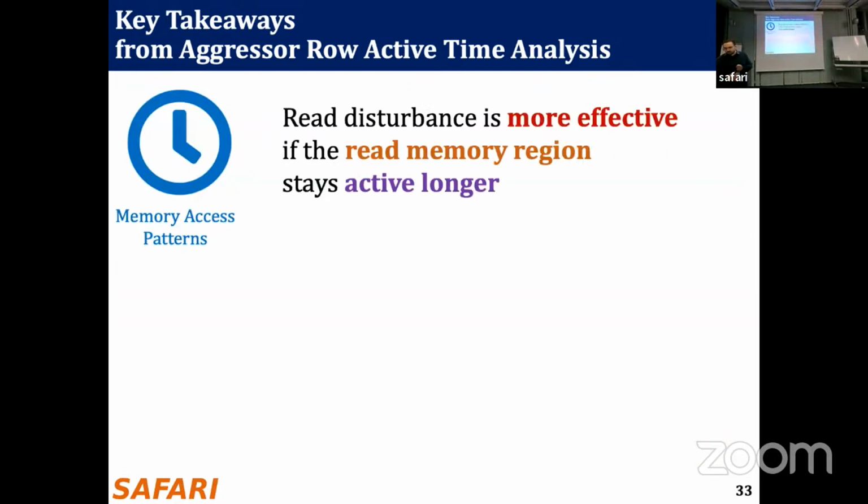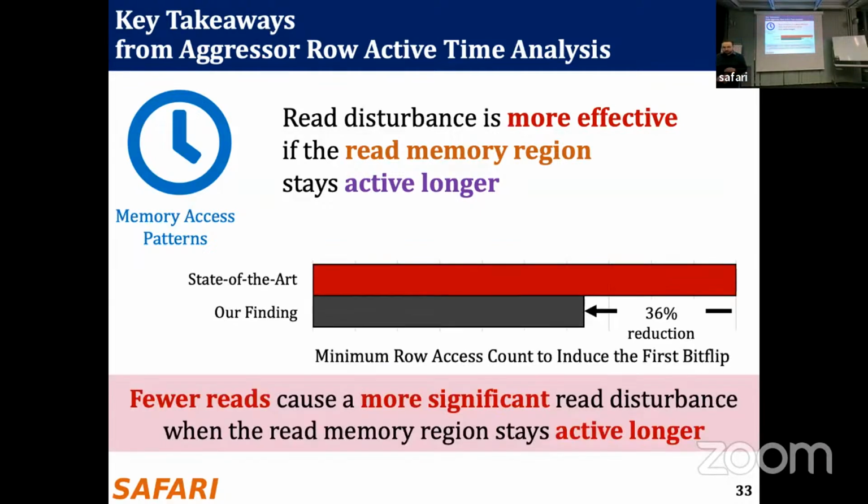So what we see is that read disturbance is actually more effective if the read memory region stays active longer. And by changing the access pattern in this way, we can reduce the minimum amount of activations we need to perform by 36% based on our results in this paper.